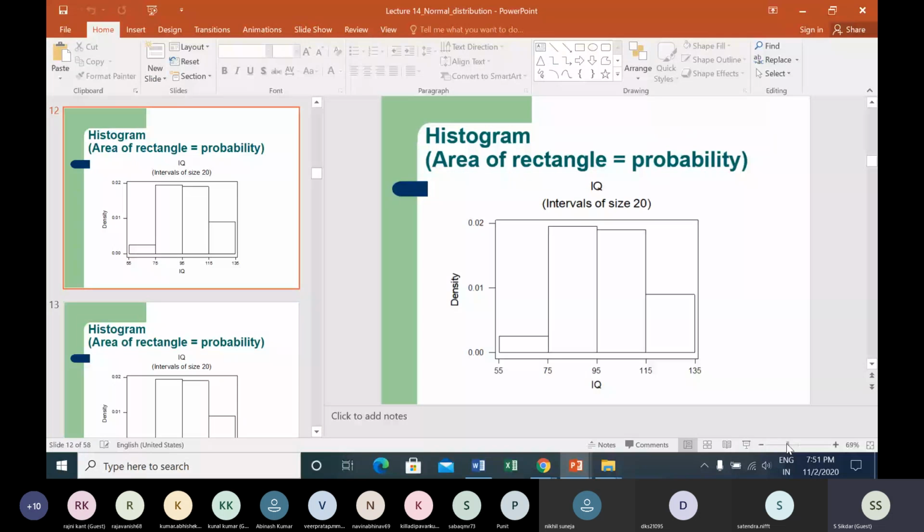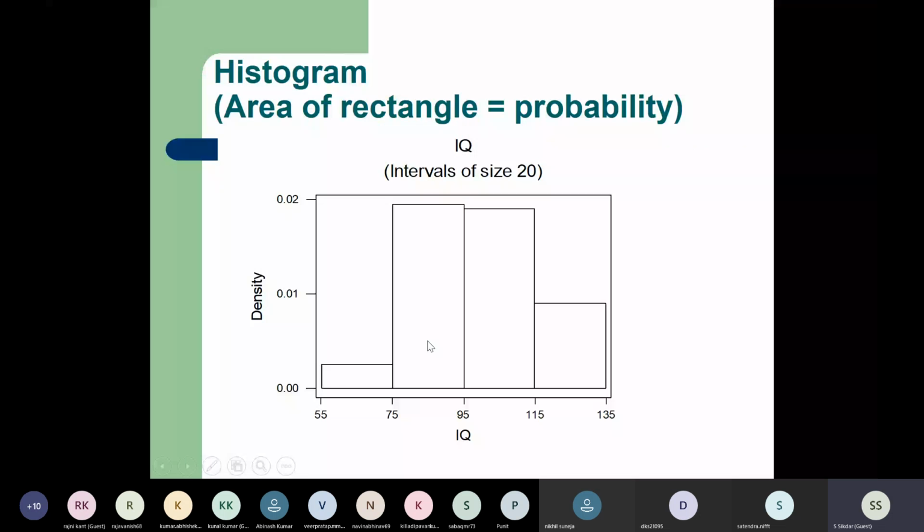So maybe the density distribution has been shown something like this. In one area, the people having an IQ value between 95 and 115, their density is this much, 0.001. Or in some place it's something like that. That's the way it has been plotted.